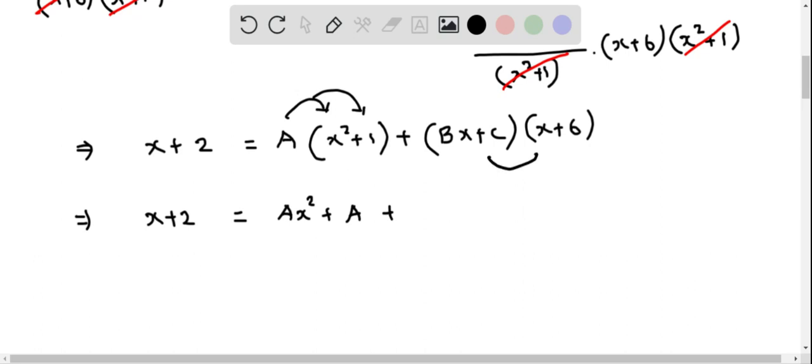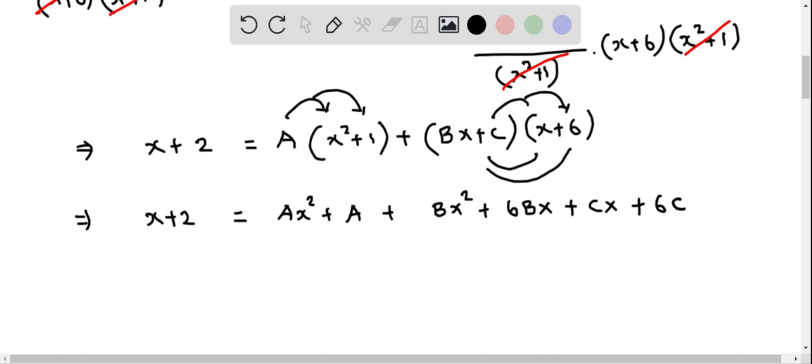First I multiply Bx with x, which is Bx squared. Then I multiply Bx with 6, which is 6Bx. Then I multiply C with x, that is Cx, plus C multiplied with 6, that is 6C.